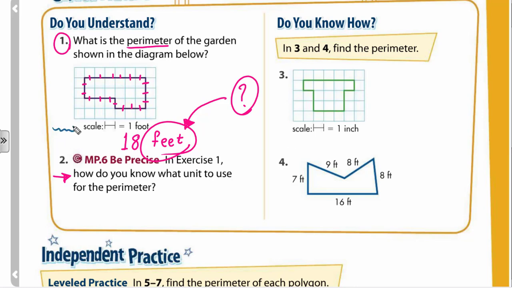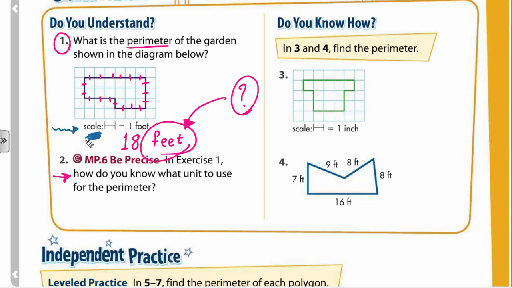What about this one? You see the scale? No. What? You see my screen, Haider?